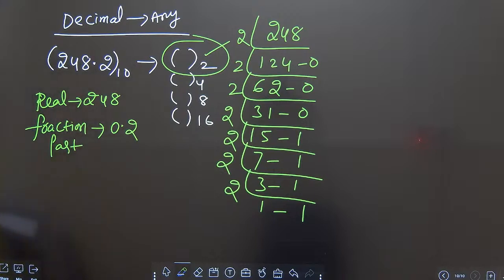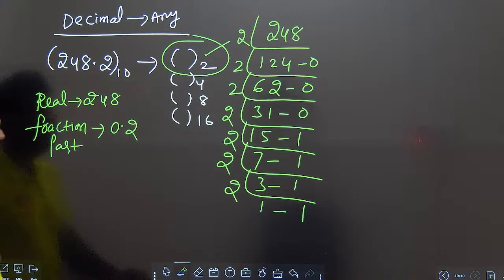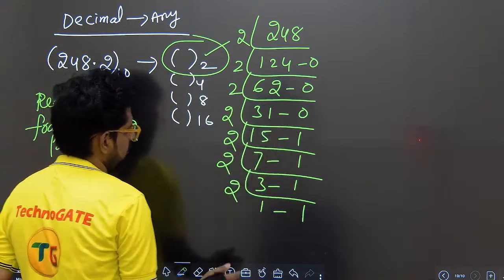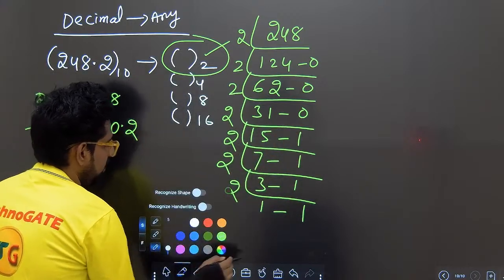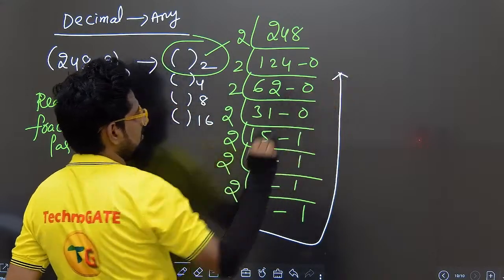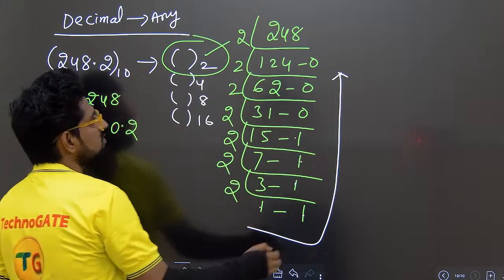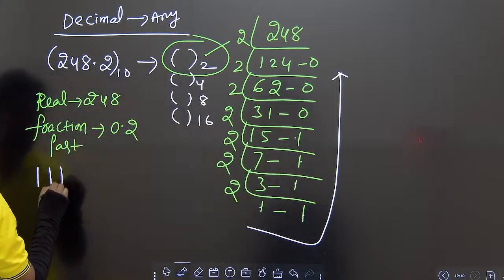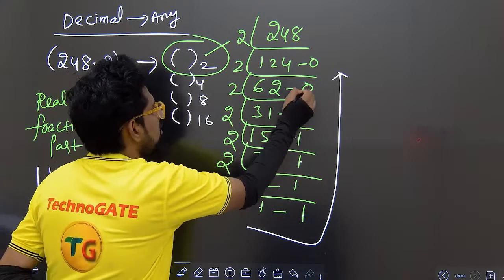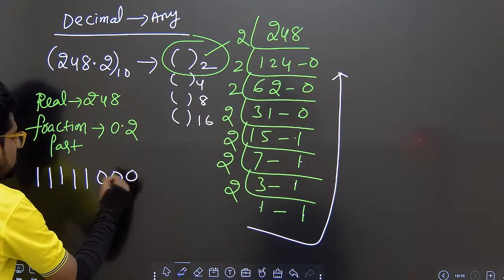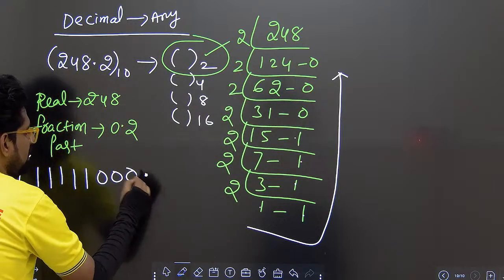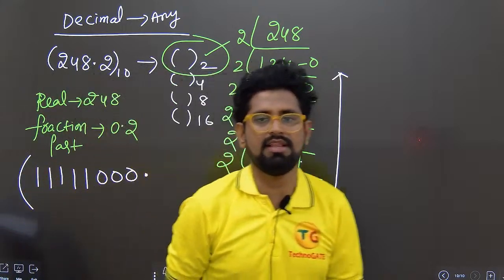How many ones did we get? 1 2 3 4 5, five ones. How many zeros? 1 2 3, three zeros. This is your real part answer.